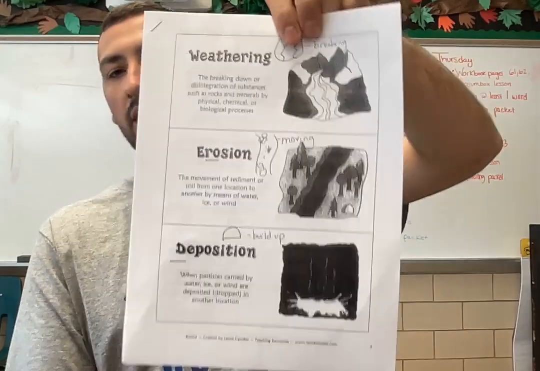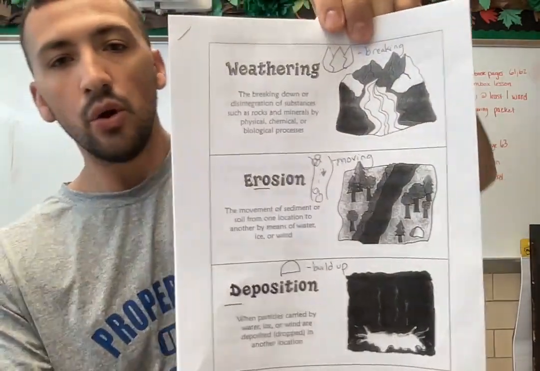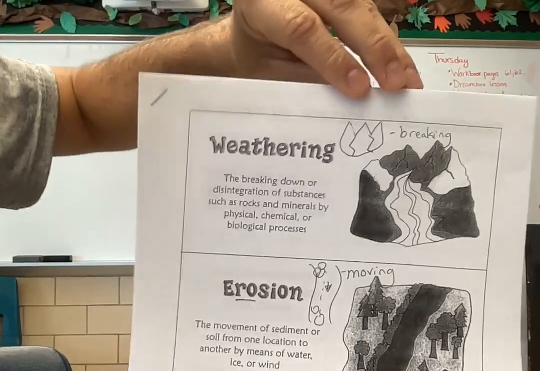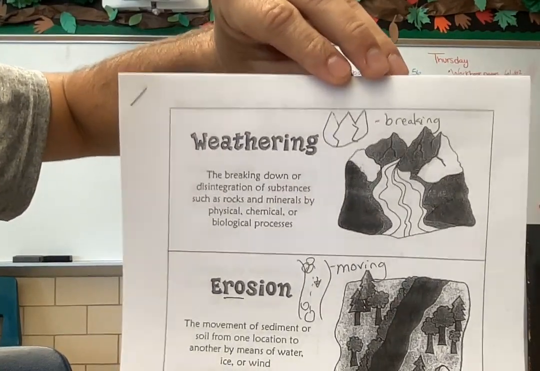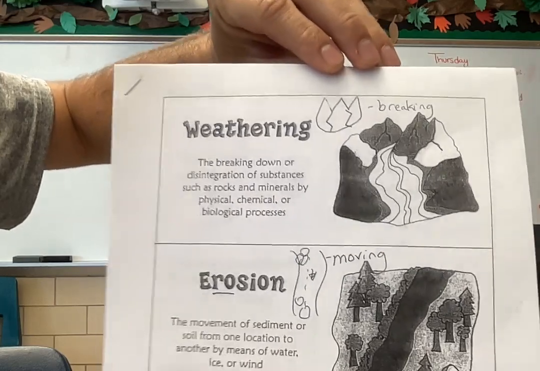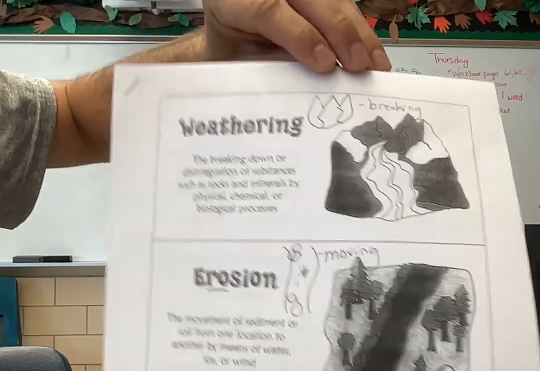So, weathering, erosion, and deposition packet, guys. Here we go. Let me move off the side so I can really zoom in. Weathering is the breaking down or deterioration of substances such as rocks and minerals by physical, chemical, or biological processes.